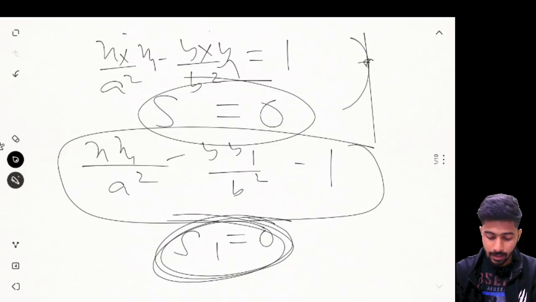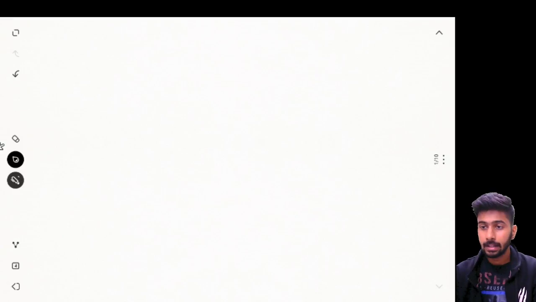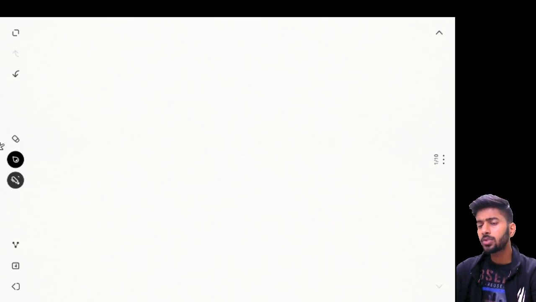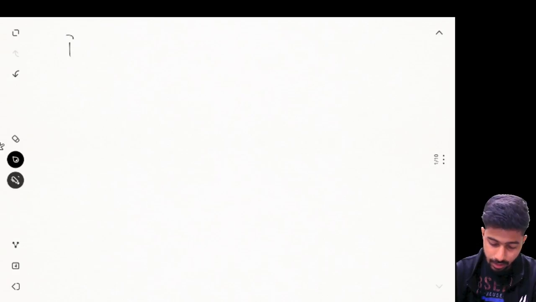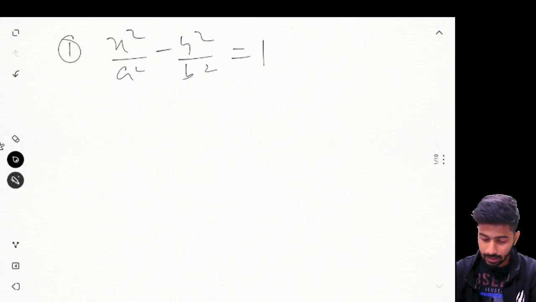So I can also write the tangent in this form. There are three forms of tangents that are necessary for you to remember. The first form was this. The same tangent, basically, I'm having the same diagram, x1, y1.